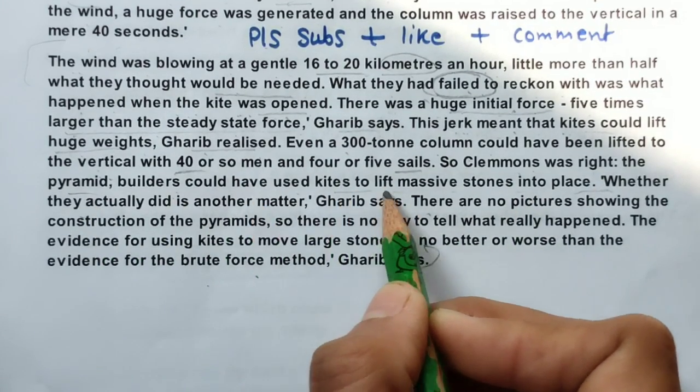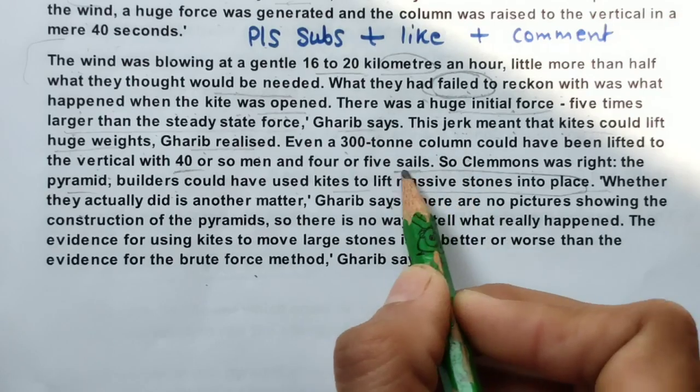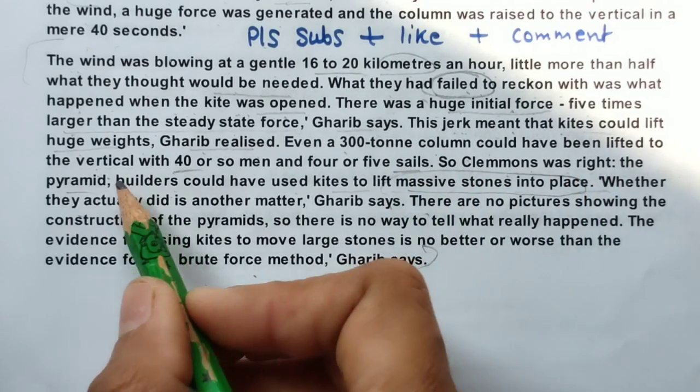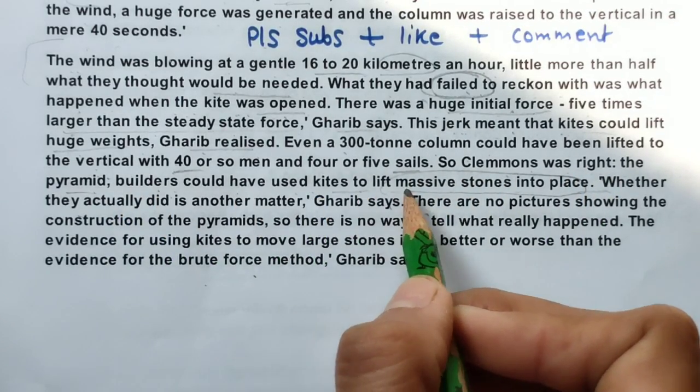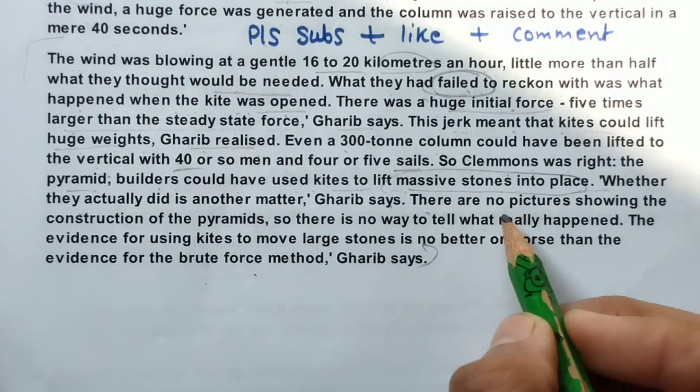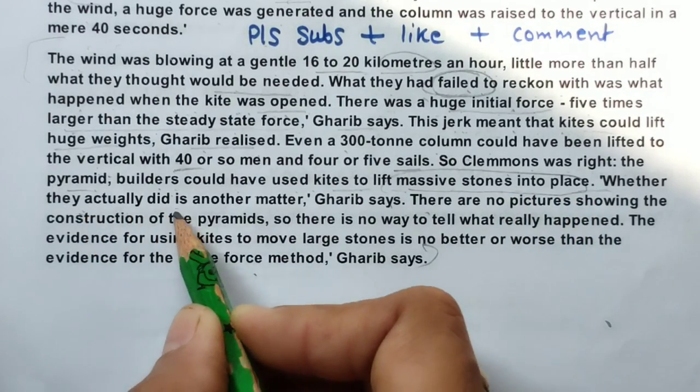This jerk meant the kite could lift massive stones to the vertical. So Clement was right, the pyramid builders could have used kites to lift massive stones into place. Whether they actually did is another matter.